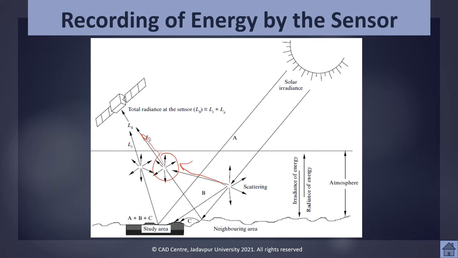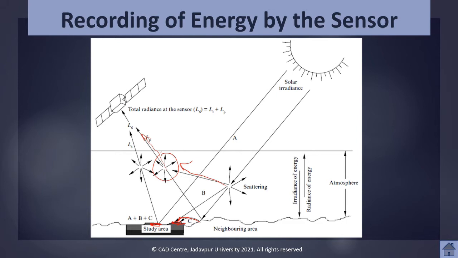As you can see, for example, this area is also getting the light from this area, so this area will be rather brighter in comparison to the central location of this study area. So this is basically known as adjacency effect.